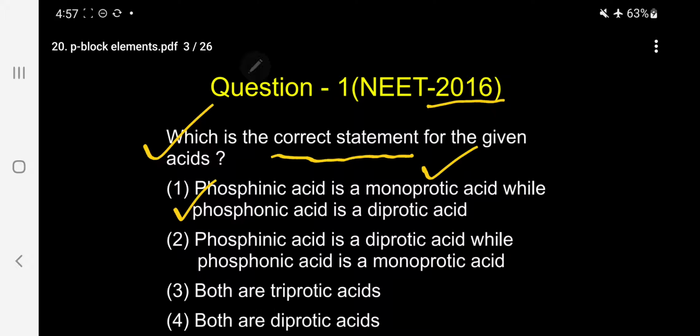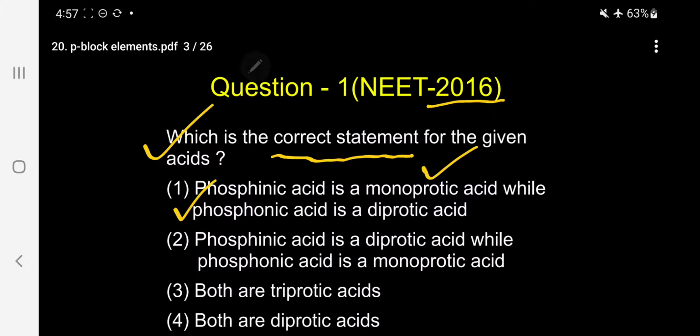First, you must know what a protic acid is. An acid containing OH groups, we call it a protic acid; normally we say it is the basicity of the acid. Now, phosphonic acid, this is a common name.